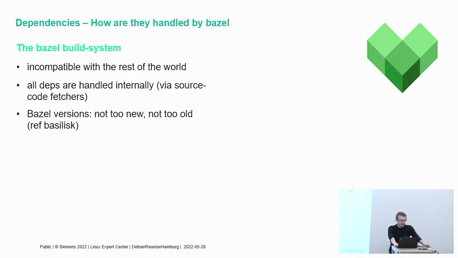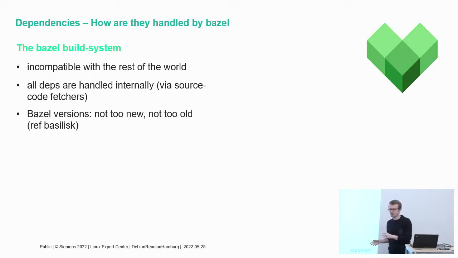If you are familiar with how TensorFlow is currently built, they don't use CMake or make or whatever, but instead Google invented their own build system, which is called Bazel, which is technically incompatible with the rest of the world because all the dependencies that are used to build a component are described within the Bazel rules.